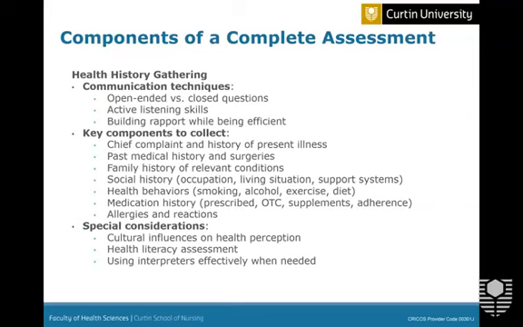Or can you tell me about your medical or surgical interventions since then. So communication techniques are open-ended versus closed questions. We're using active listening skills, and what we do is build rapport while we're being efficient. So that is, we learn to relate to people and gather very important data quickly.